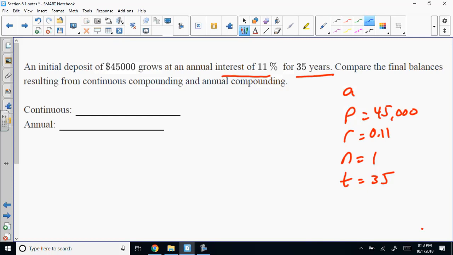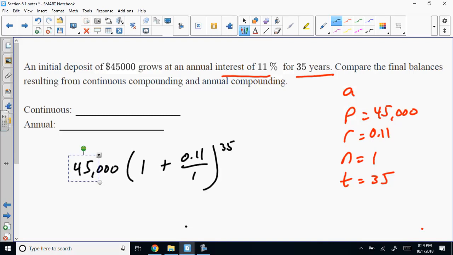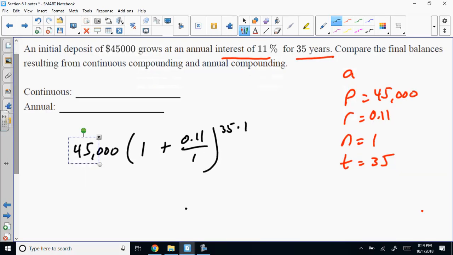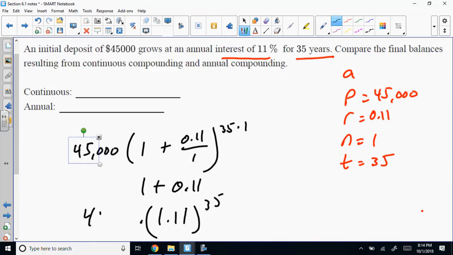So really, for annually, let me back it up. Use stuff that we're doing, it will tie it in. So we'll go 45,000 times 1 plus 0.11 over 1 to the 35 times 1, which breaks down into 1.11 raised to 35 times 45,000, right?